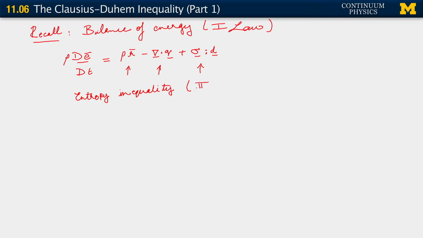This is the second law of thermodynamics, and this takes on the form: the material rate of the entropy per unit mass is greater than or equal to the supply from local heating, minus the effect of the heat flux in every little volume, plus a term which takes on the form of the heat flux dotted with the gradient of the temperature.